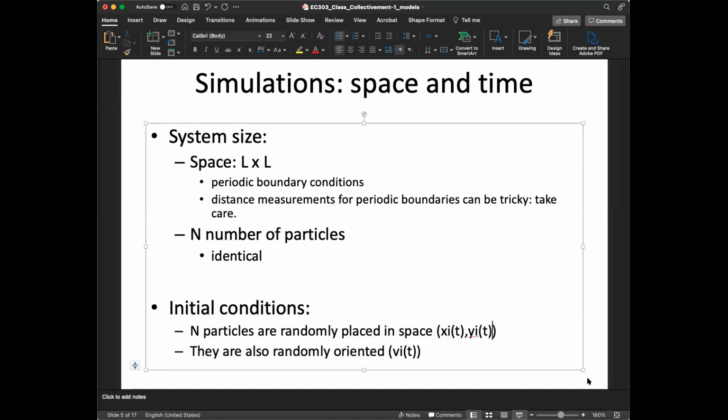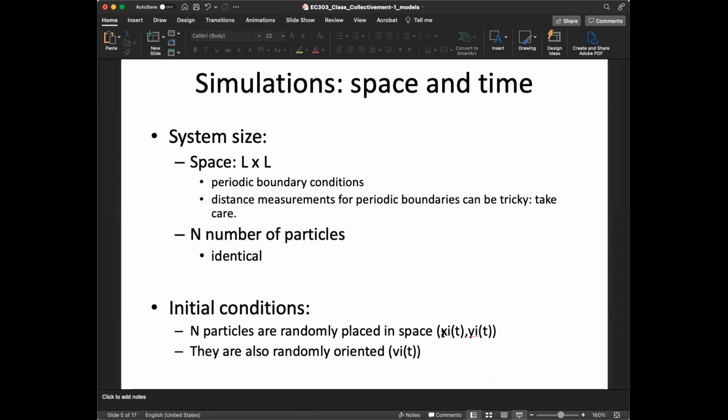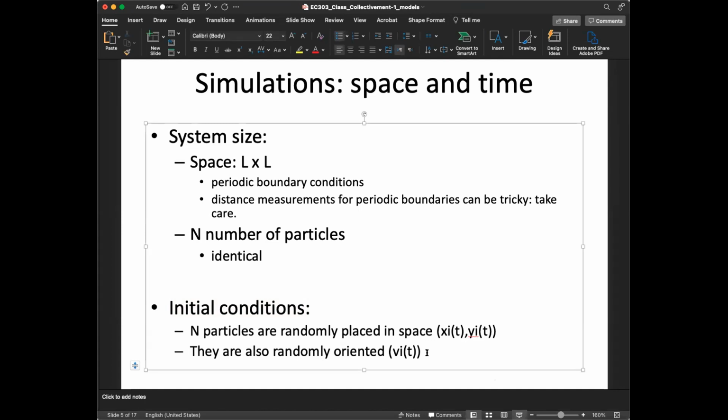At t equal to 0, their positions are randomly given, and they are also given a random orientation. If v_i is the orientation of the velocity, it is any of the 360 degrees, uniformly randomly chosen for each individual. So that's the initial condition.